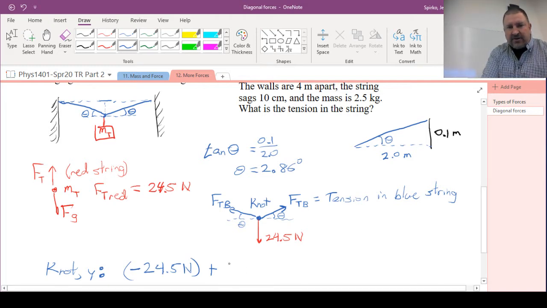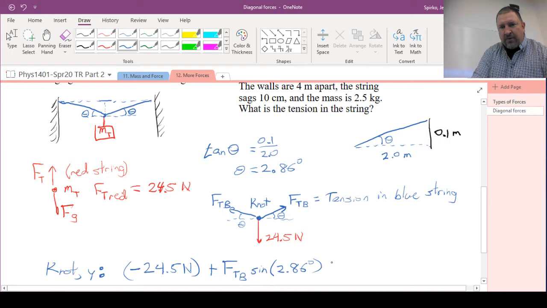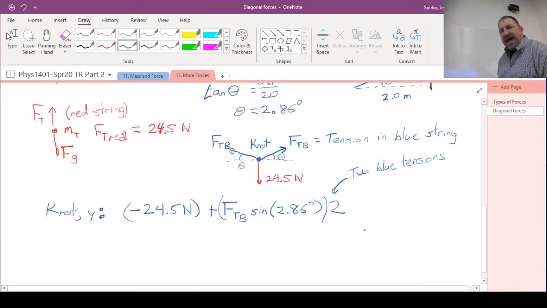So my tension is going to be FT blue times the sine of 2.86 degrees. That gets one of them. The other one's going to be the same thing, so why not just multiply it by 2? And then all of that has to equal 0 because the knot is not moving.